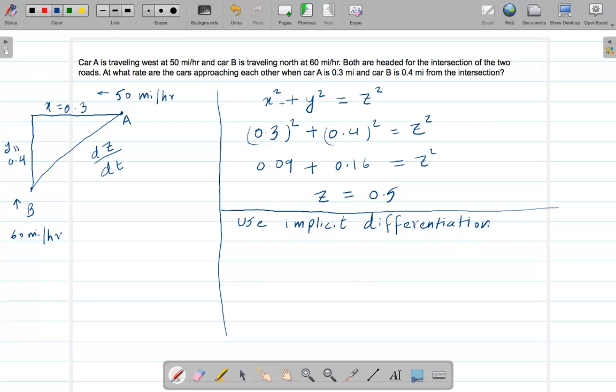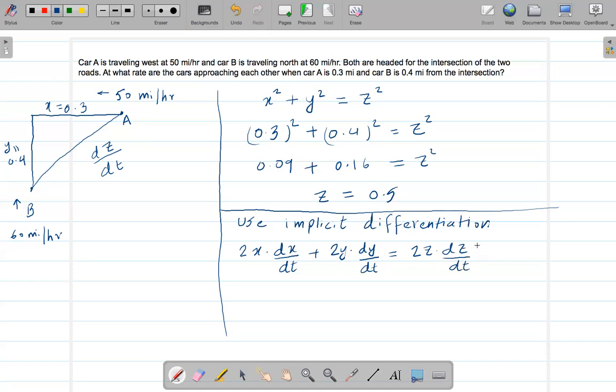When we take the derivative of this whole thing, it will be 2x times the derivative of x, which is dx over dt, plus 2y times dy over dt, equals 2z times dz over dt.